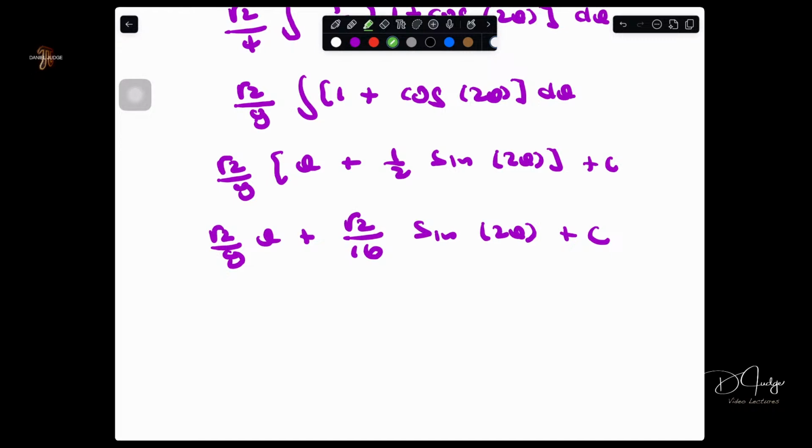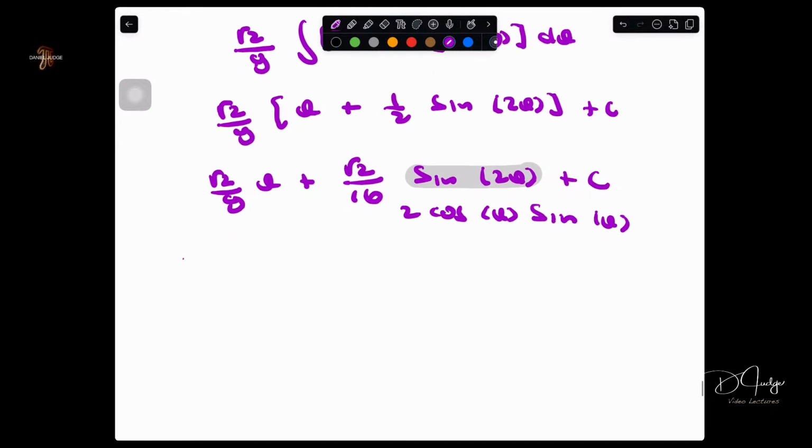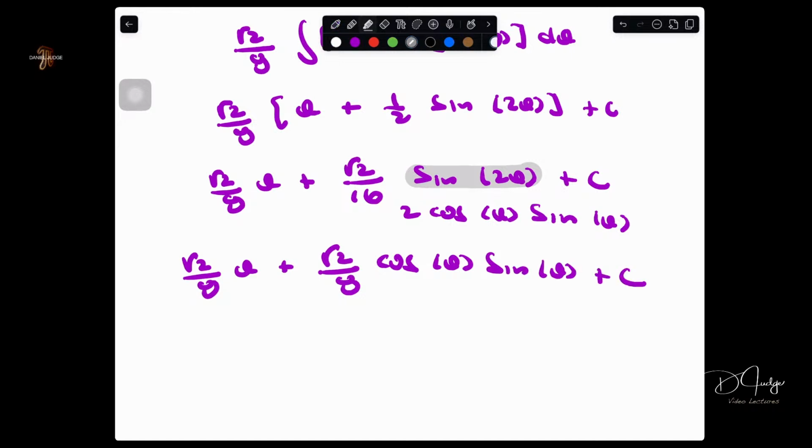If you recall what you do with sine double theta, you replace that with 2 cosine theta sine theta. So we get the square root of 2 over 8 theta plus the square root of 2 over 8 cosine theta sine theta plus c.